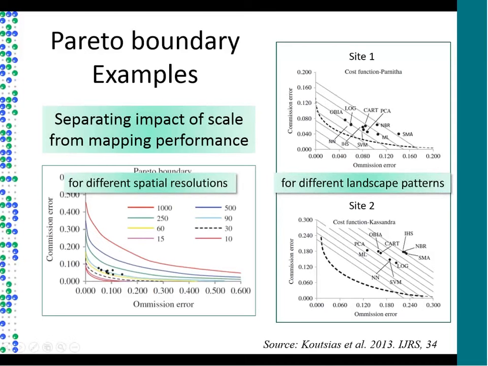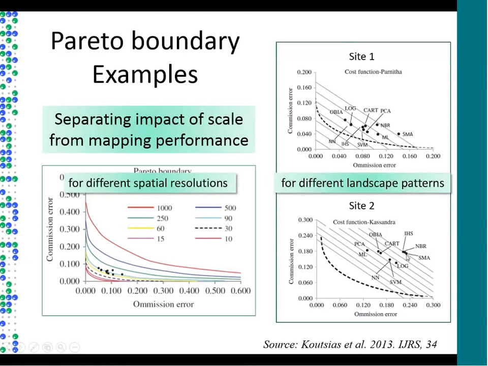The Pareto boundary shows the impact of the image pixel size that was used, the imagery that was used to do the classification. And basically what it tells you is that for the different landscape areas, the pixel size has a different impact on the accuracy, and the classification procedures as well perform differently for the different landscape areas.